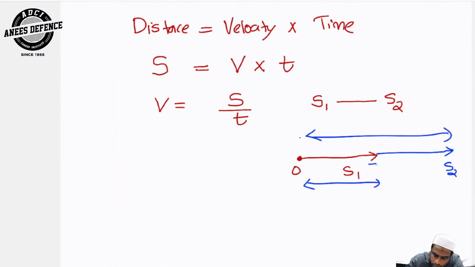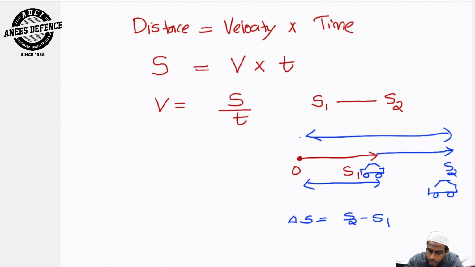Now our vehicle is here. After some time, it has reached the point S2. So the total distance traveled can be represented as delta S, which is S2 minus S1.